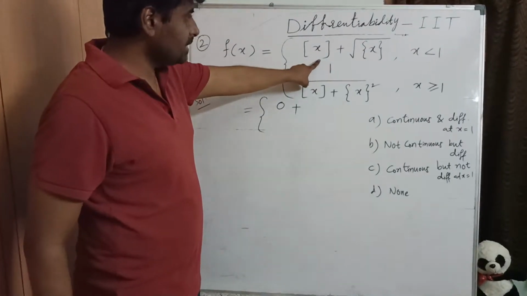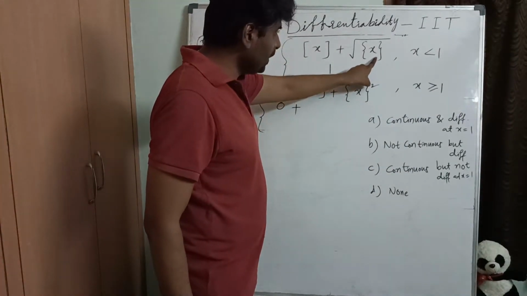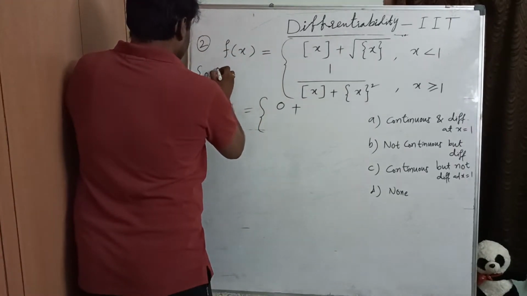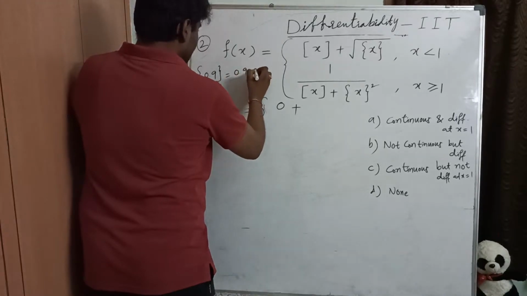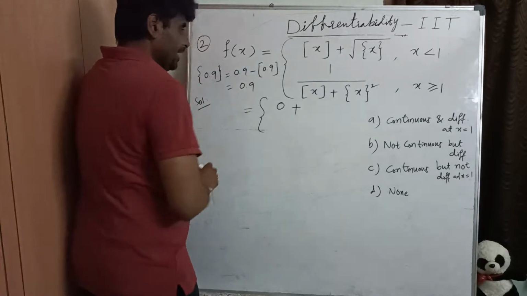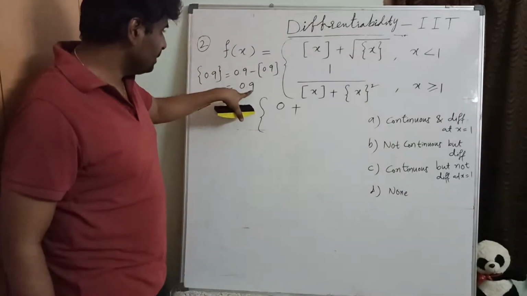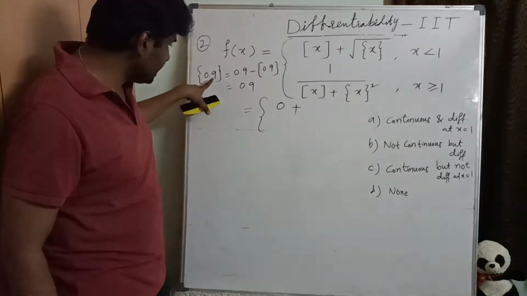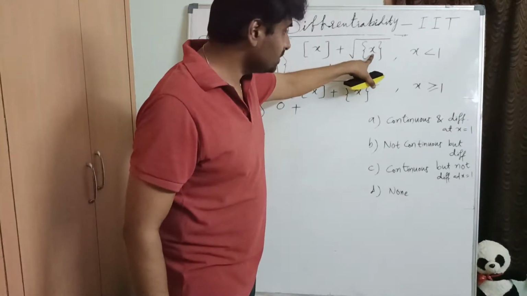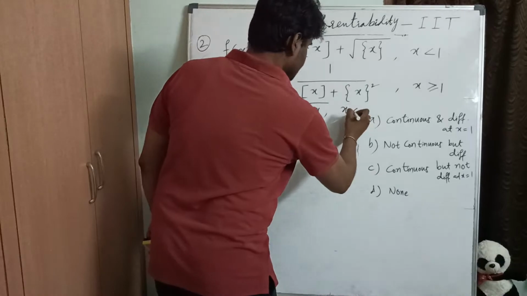Now fractional part of 0.9, what happens? 0.9 minus step of 0.9, so what will you get? Again 0.9, 0.9 minus 0, 0.9, means the inside value comes back. For 0 point something, the inside value is x, that x comes back, so root x, I can write for x less than 1.